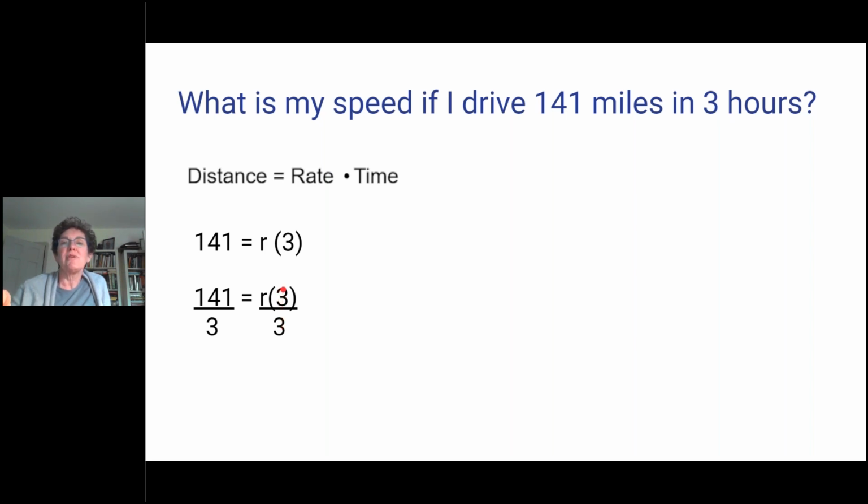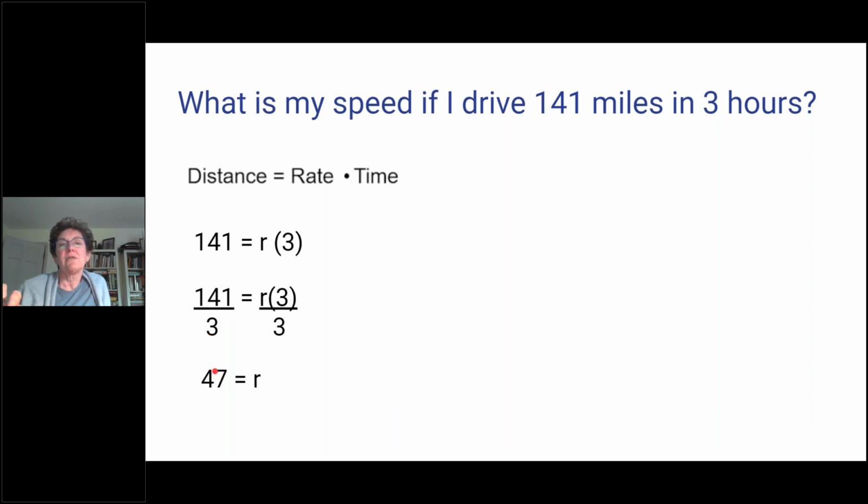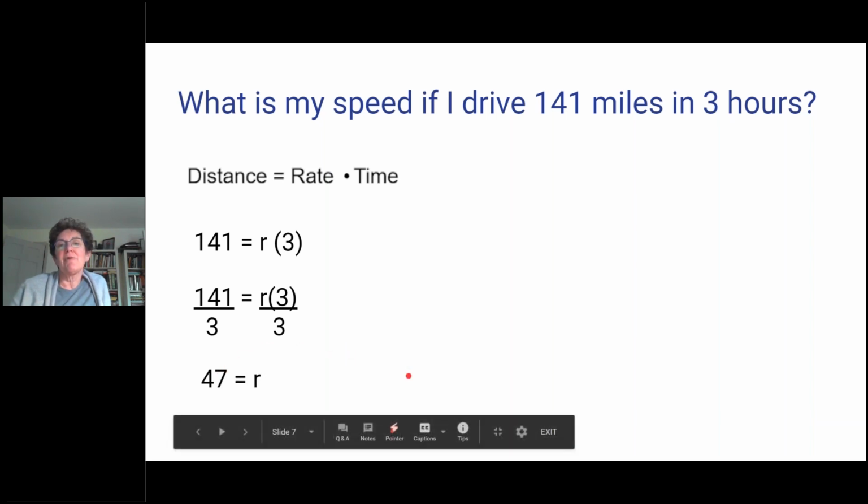So I know 3 divided by 3 is 1. So now I'm going to have just 1 R over here. And then 141 divided by 3. If I do that calculation, my answer is 47. My rate is 47.